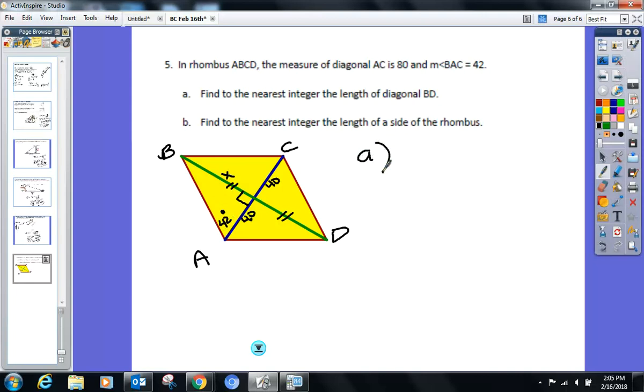All right. How do I find x? What's going to be the ratio? Tangent, yep. Day 3, I don't have to label much anymore. Tangent of 42 equals, anybody help here? Opposite, x over 40. Will this be the length of BD? No, so keep it right in your calculator. Don't round it yet.